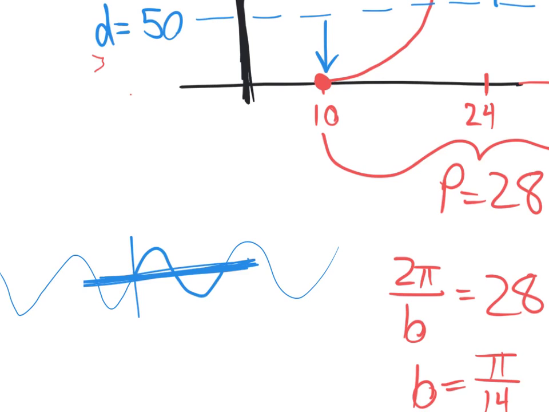Notice that at the origin, we always know that sine starts at the origin for the parent function, and it's on its way up. So in order to determine the horizontal shift, we need to identify a point where our model is crossing the midline on its way up.